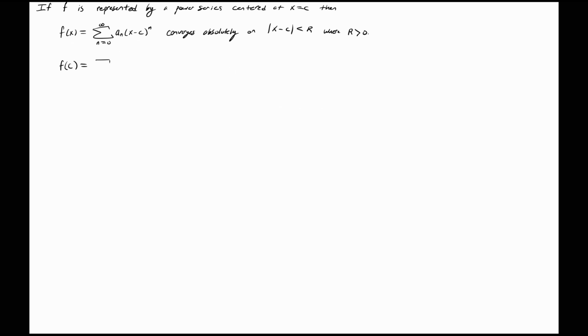We have the sum from n equals 0 to infinity of a sub n times 0 to the n. Well, 0 to the n is just 0.